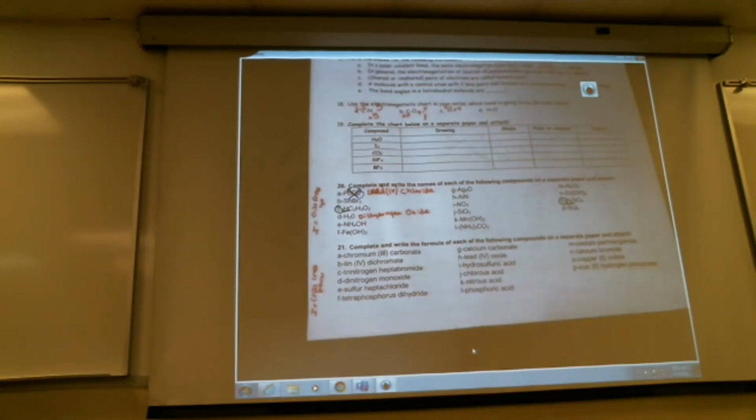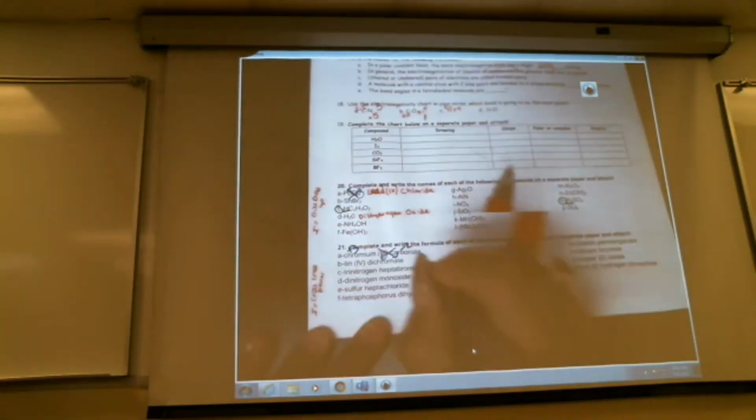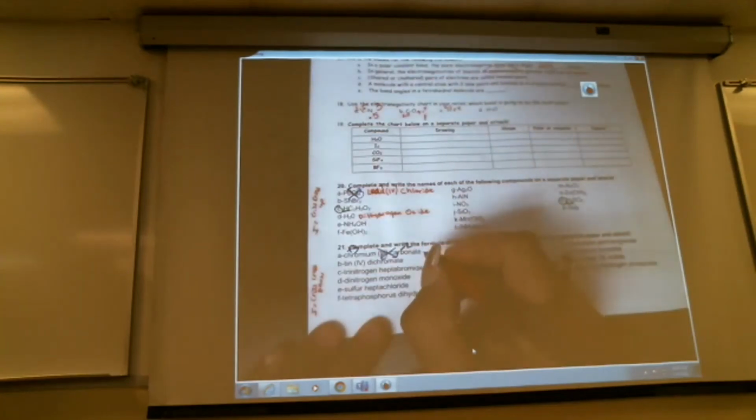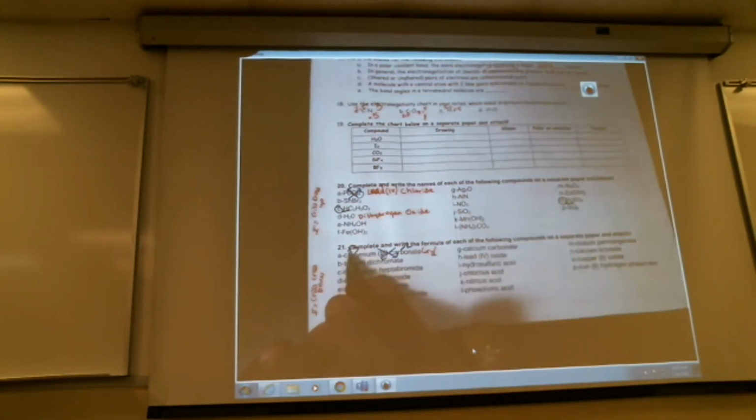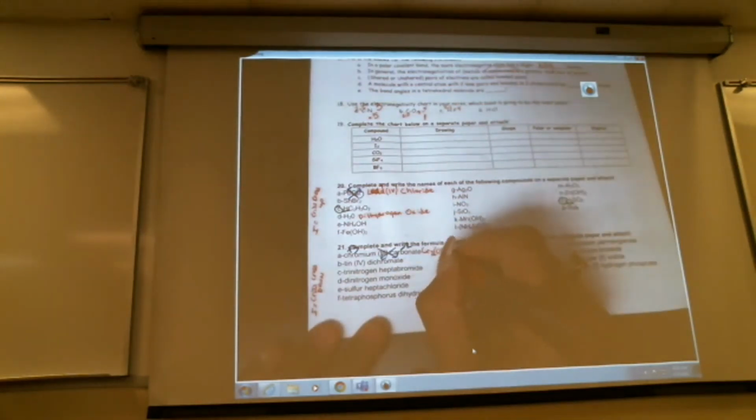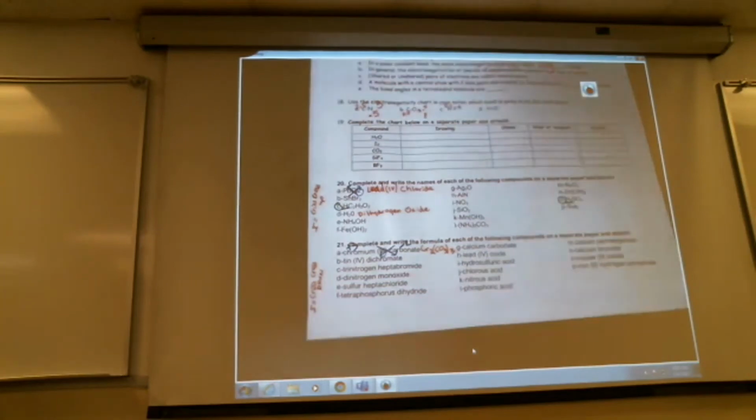Chromium 3 means crisscross down, and then in this case it's going to be Cr2, parentheses, because this 3 is going to cross down to my polyatomic, CO3, close parentheses, 3. Okay? So hopefully not too bad.